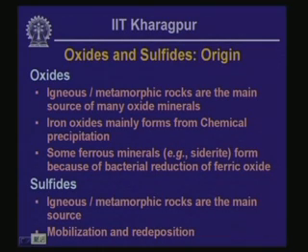Some of the ferrous minerals also form because of biogenic action, quite in a similar manner as biogenic carbonate minerals. Then sulfides form out of volcanism or metamorphism, or they could be formed out of mobilization of sulfide minerals and redeposition through chemical action, chemical weathering.